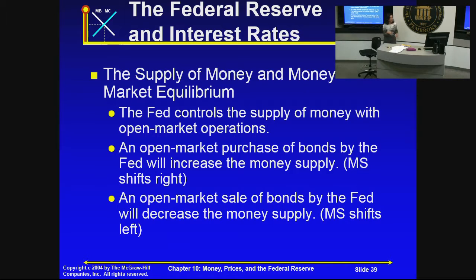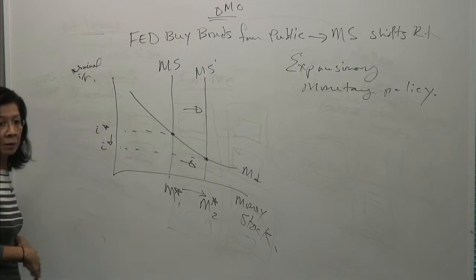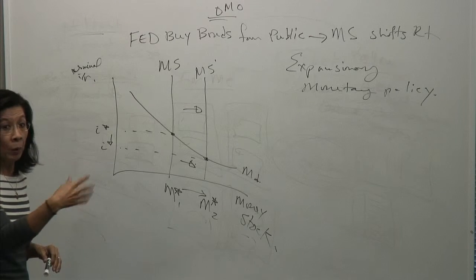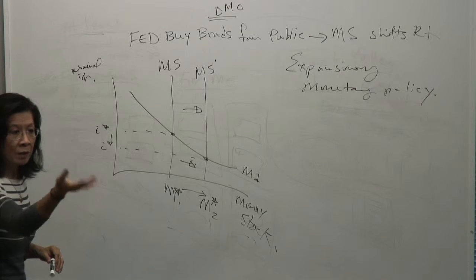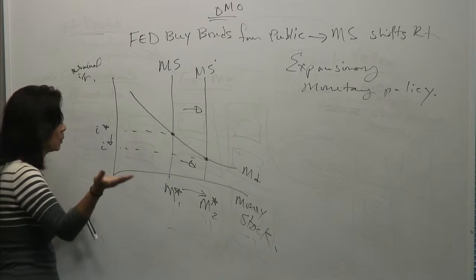Vice versa would be you shift the money supply curve to the left. That would be if the Fed were to sell bonds to Nathan, and then suddenly he becomes poor. He's poor because he paid me $1 million, now he's $1 million poorer.